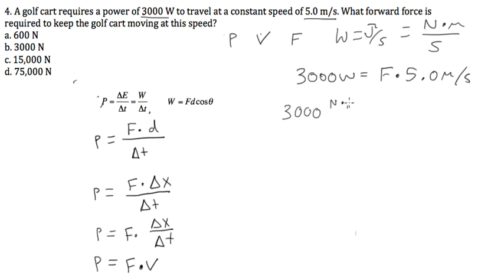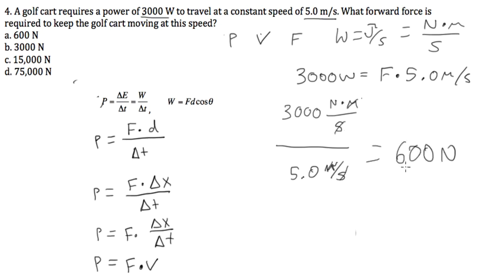So Newton meter per second divided by 5.0 meters per second. So we can do some dimensional analysis, and we see meters per second cancel and leaves us with 600 newtons for our force, and that's a perfectly sensible unit of force, and we have answer A.